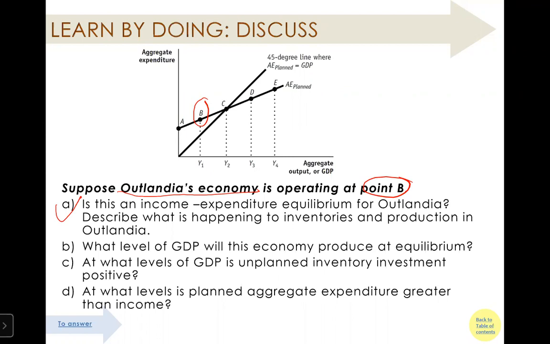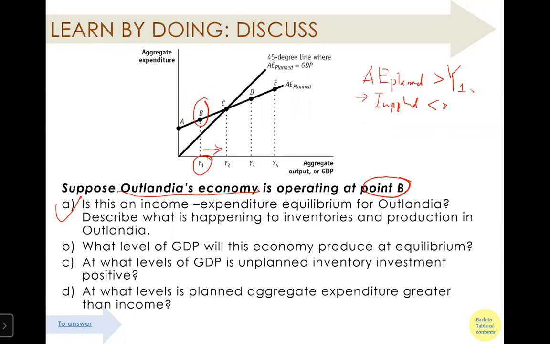Here AE planned is greater than Y1, which is what you produce. So this implies I unplanned is negative. You cannot meet the demand; unplanned inventory investment is negative. So what are you going to do next? The firm is going to increase production, or you move to this side.